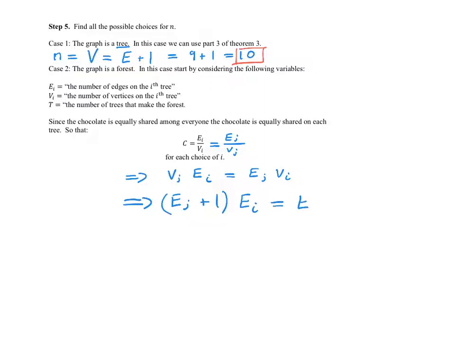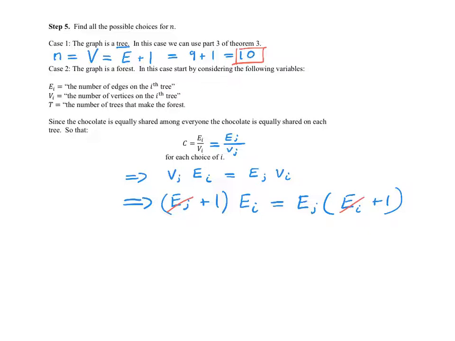And then e sub j would be multiplied by the tree formula, e sub I plus 1. So looking at both sides of this equation, we have an e sub I multiplied by e sub j on both sides of the equation.